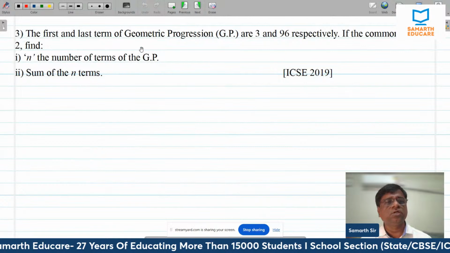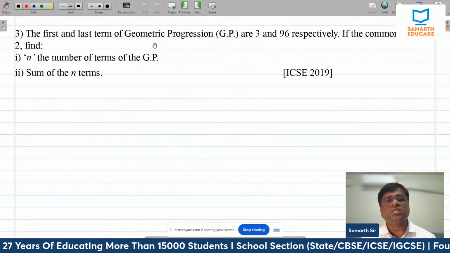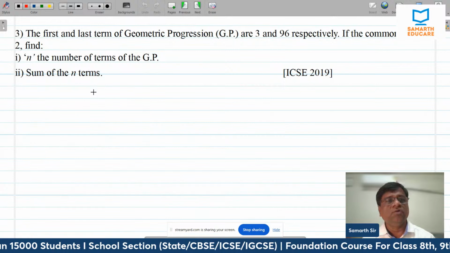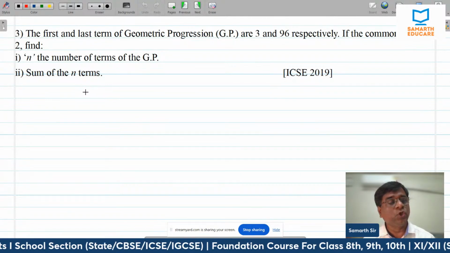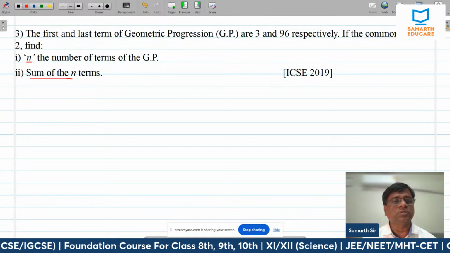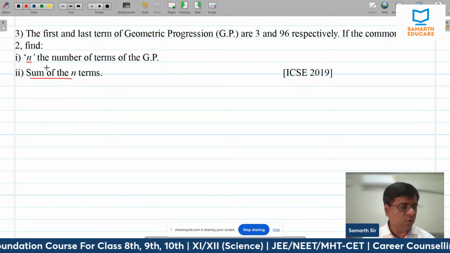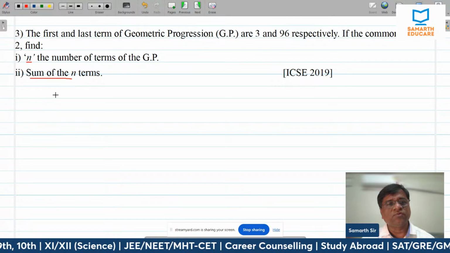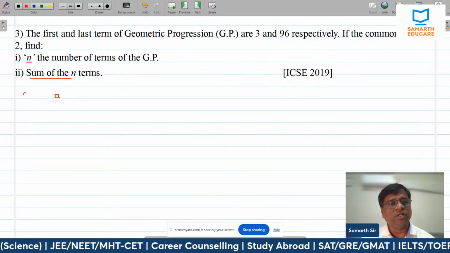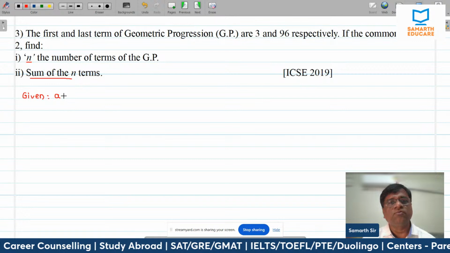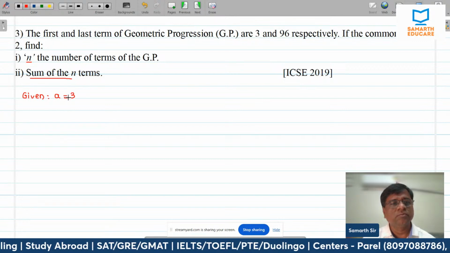Let's move on to the third question. The first and last term of a geometric progression is 3 and 96 respectively. If the common ratio is 2, the common ratio is given, this time n is required and the sum of n terms. The same formula has come up in question after question. Now what is given to me is the first term a, which is 3.